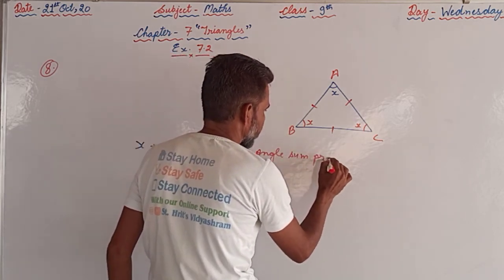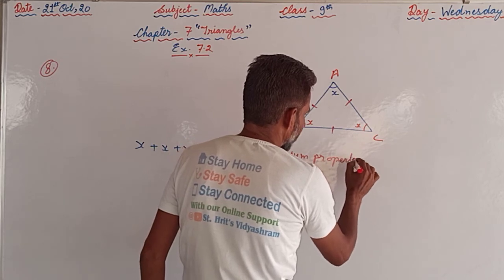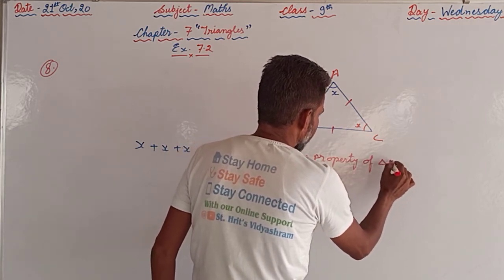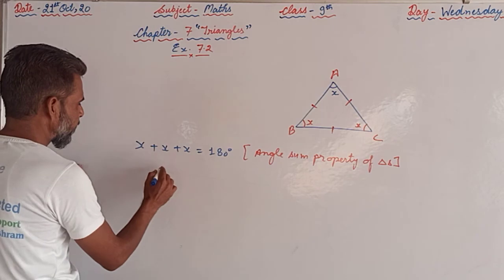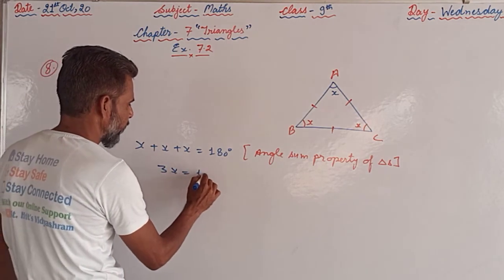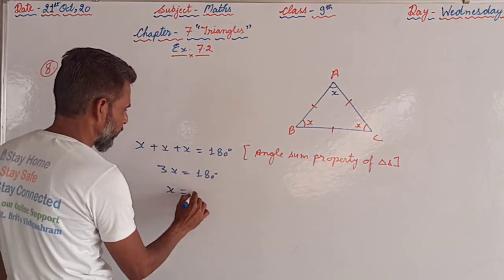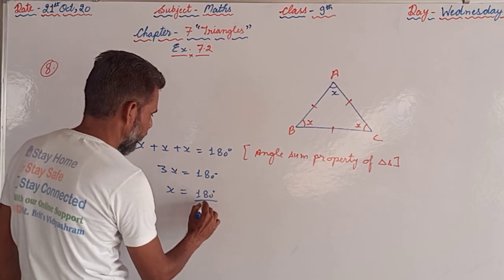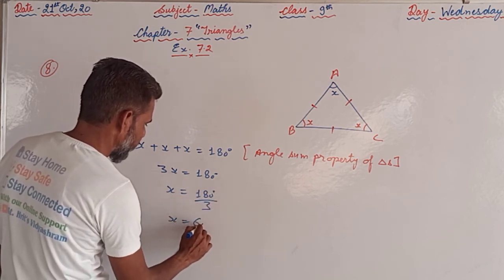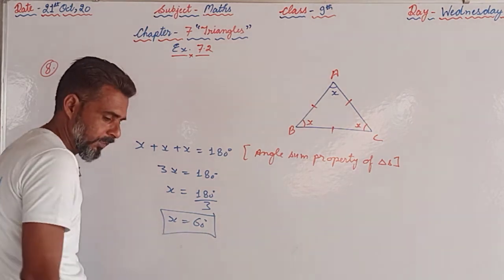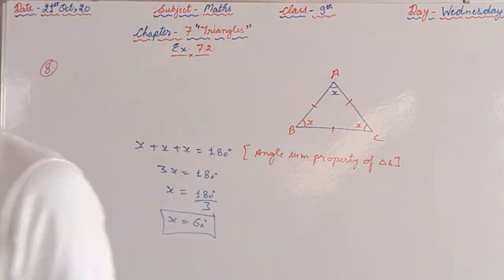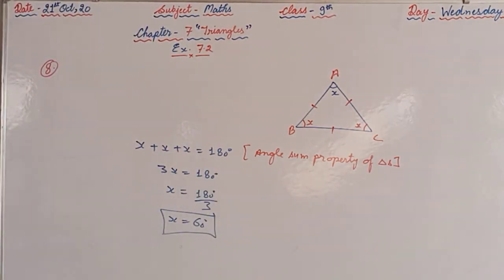Angle sum property of triangles. 3X is equal to 180 degrees, and X will be equal to 180 degrees divided by 3, so X will be equal to 60 degrees. So each angle of an equilateral triangle measures 60 degrees. This is the method which we can use to solve such types of questions.